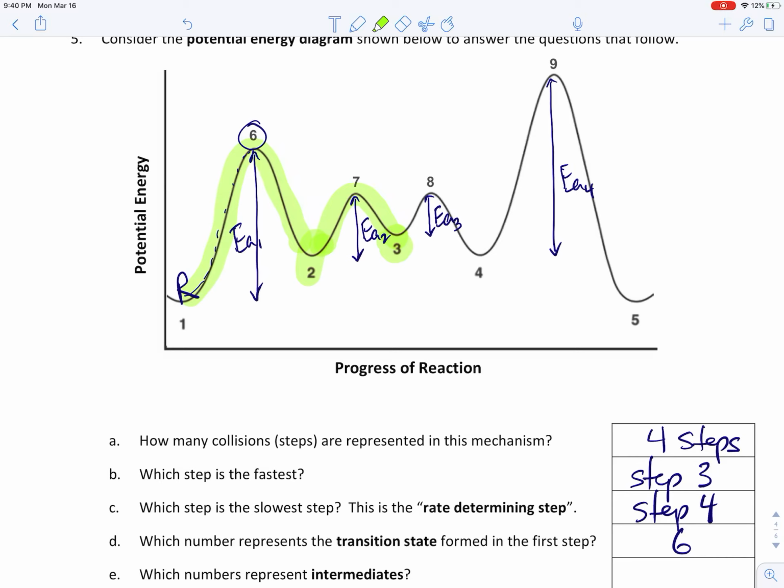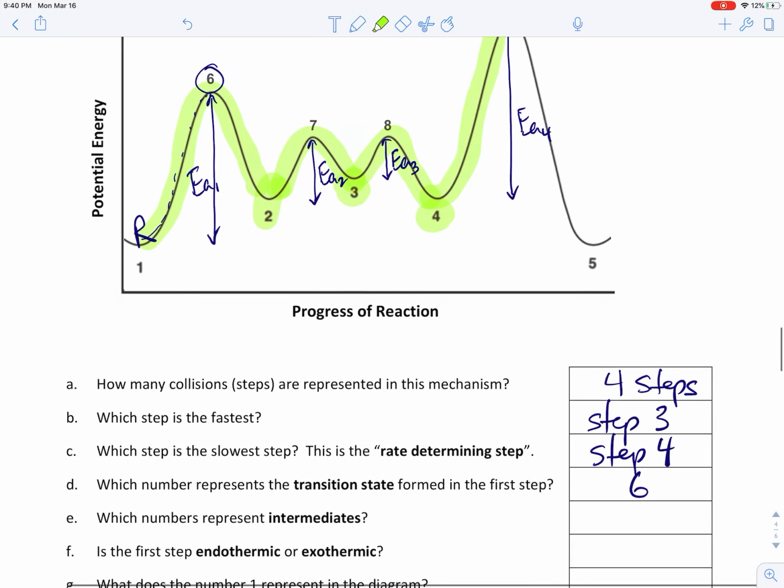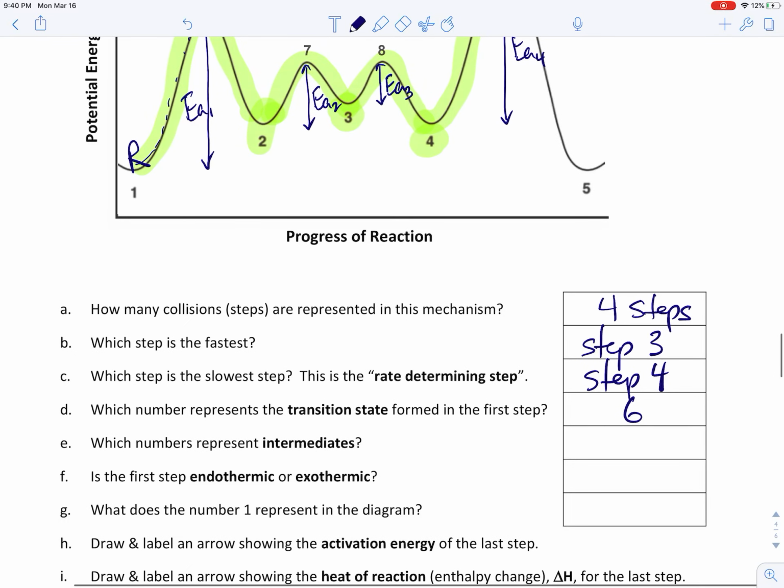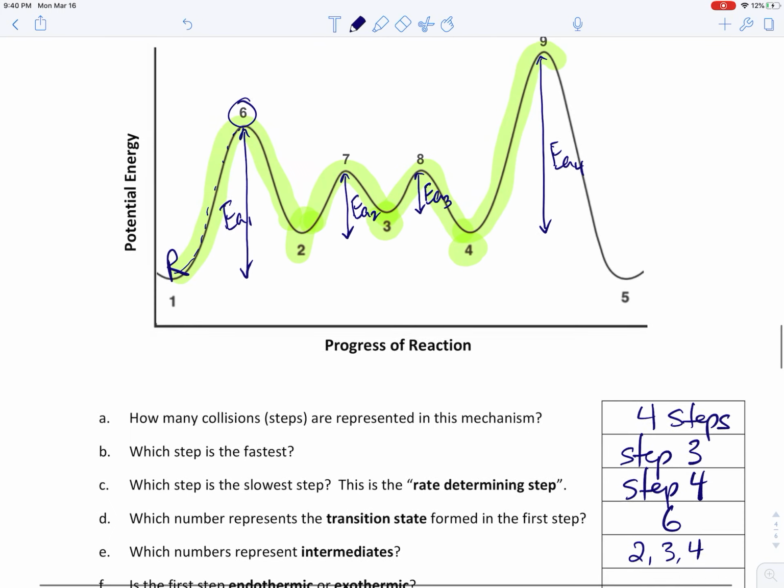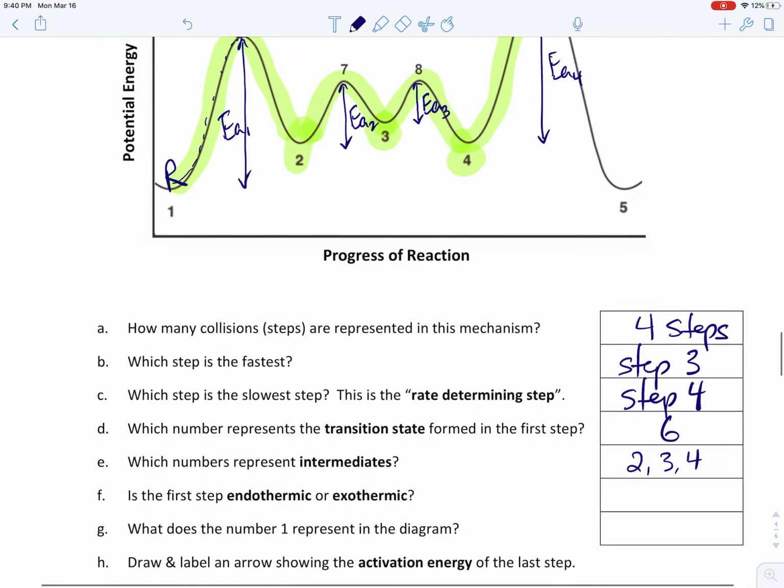Number 3 is the product of step 2, but it's also the reactant for step 3. So 2 and 3 qualify as intermediates. Number 4 is the product of the third step, but number 4 is also the reactants in the fourth step. So number 4 also qualifies as an intermediate. So the intermediates here would have been numbers 2, 3, and 4 in that potential energy diagram.